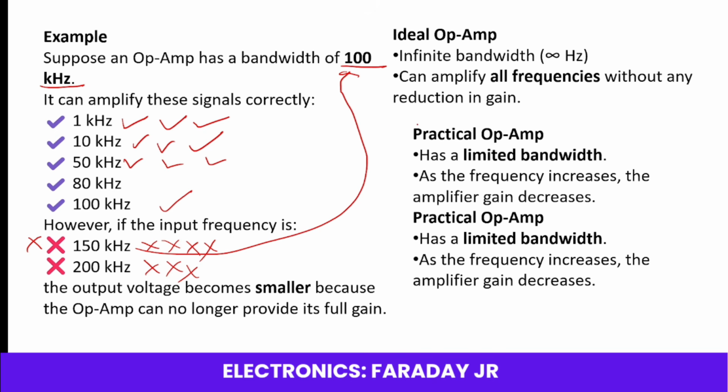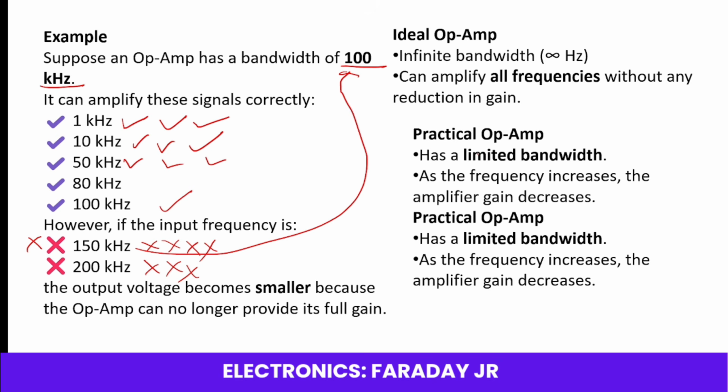That is what we mean by bandwidth. Now, an ideal op-amp has infinite bandwidth. That means it can amplify all frequencies without any reduction in gain. Now let's look at the practical op-amp. It has a limited bandwidth, so we cannot say it is infinity. Rather, it has a limit.